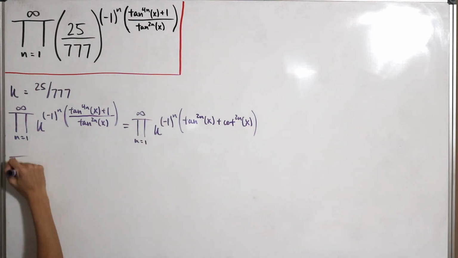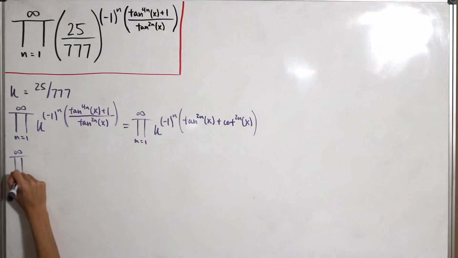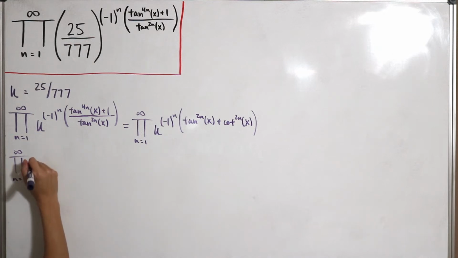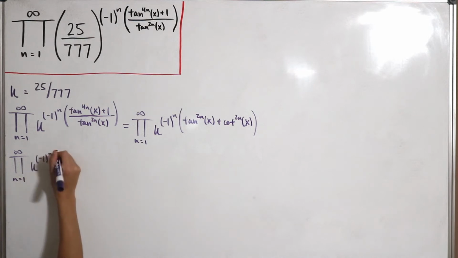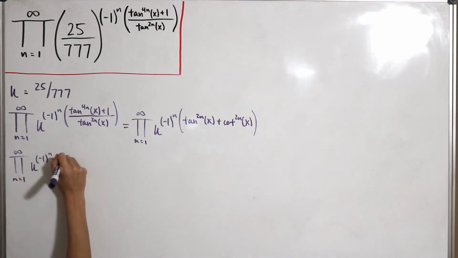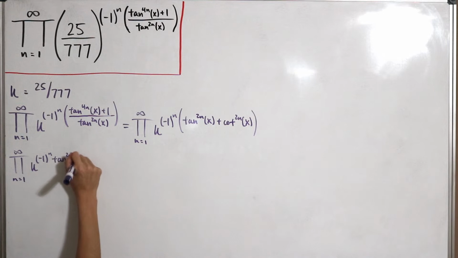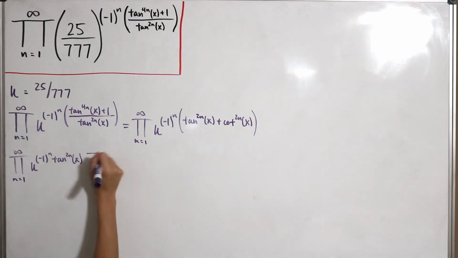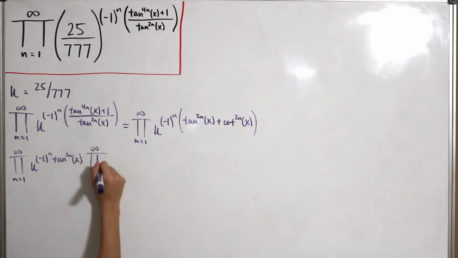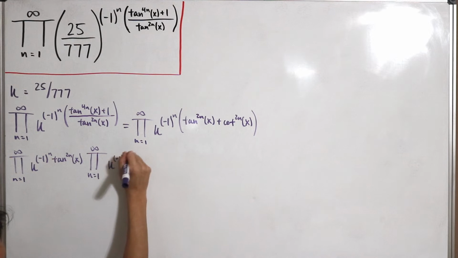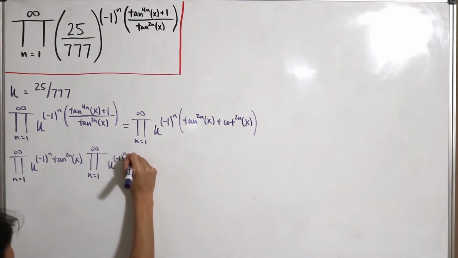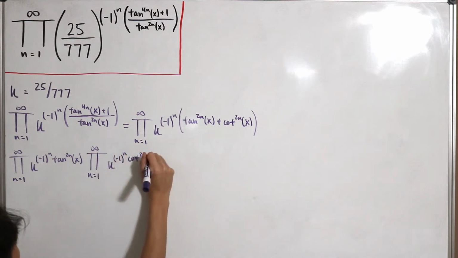For the first product, n is equal to 1, and we have k to the power of (-1)^n times tangent of 2n of x. Then we multiply this with the same thing again, but this time in association with cotangent: k to the power of (-1)^n times cotangent of 2n of x.